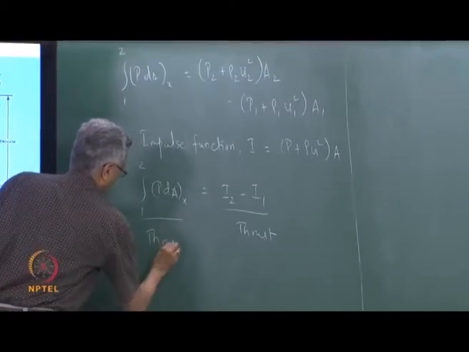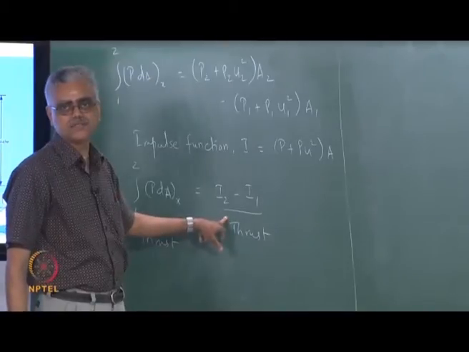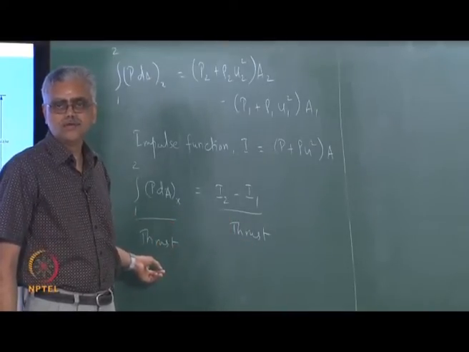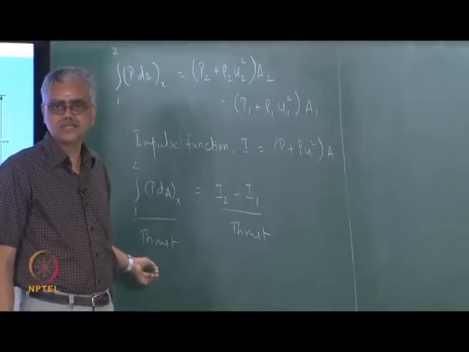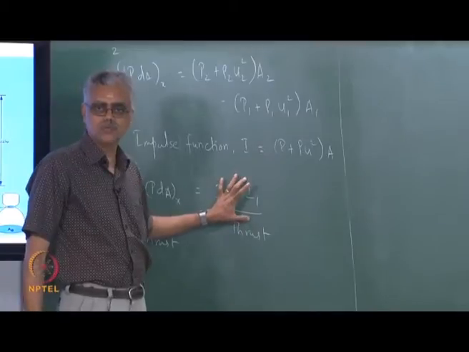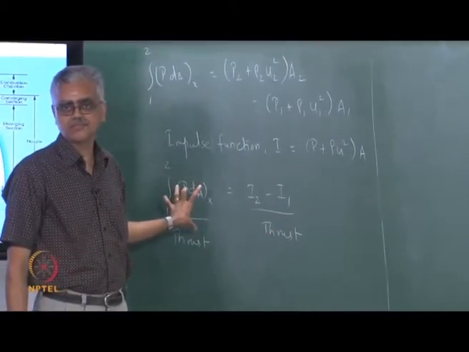So, I now have a way in which I can determine thrust. Either I calculate the impulse function and do it this way, or I calculate the net force on the walls or metal surfaces and then calculate the thrust. It is easy to do this in most applications, it is very difficult to do this in most applications.